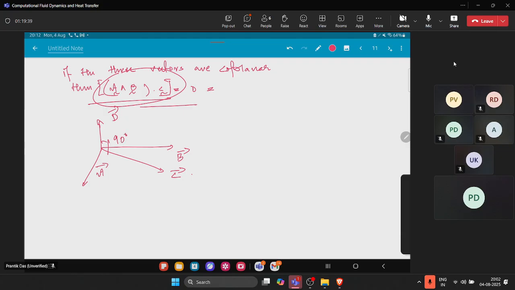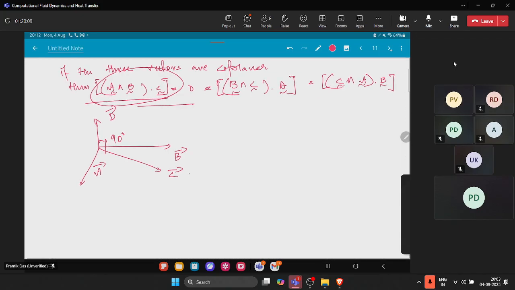And similarly, B cross C dot A is also equal to 0, or C cross A dot B equals 0. Okay, so that's how it works.